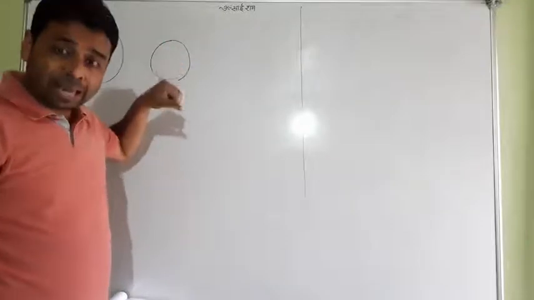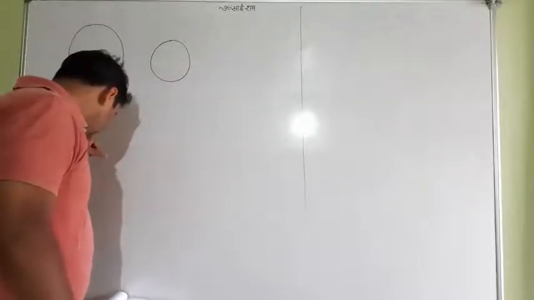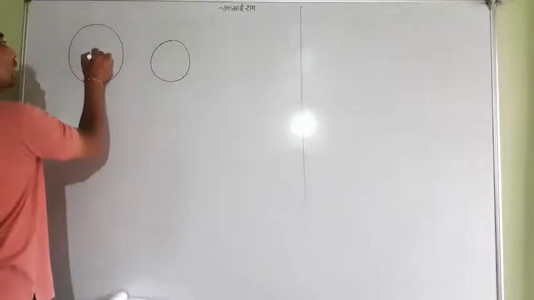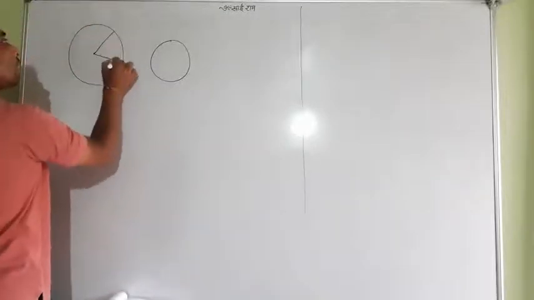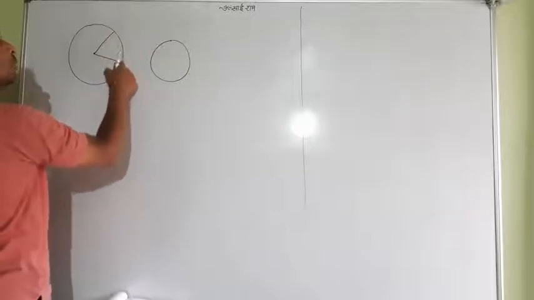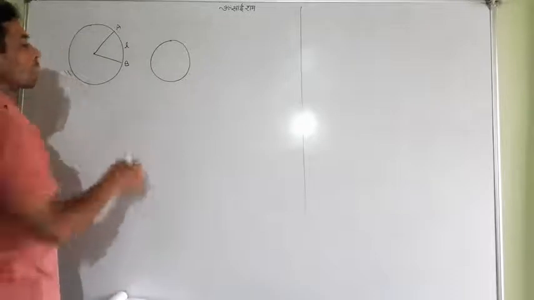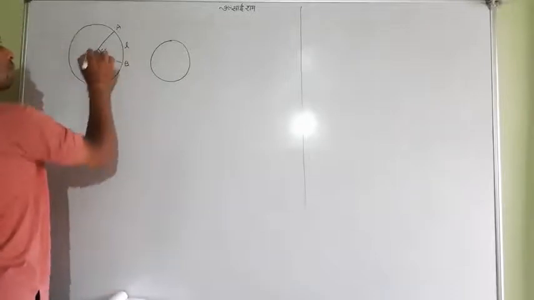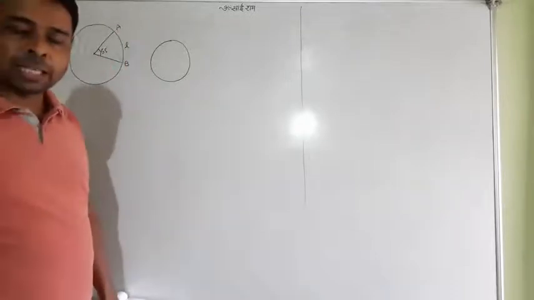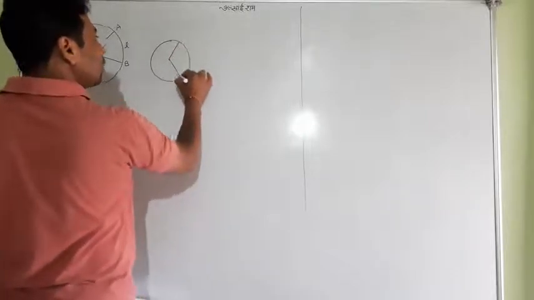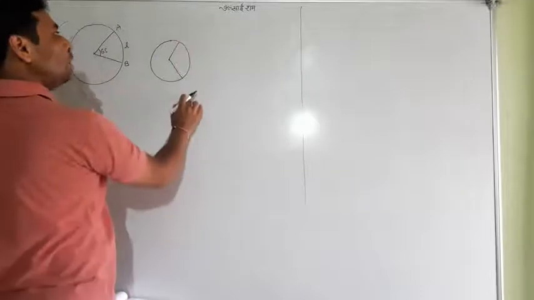They make angles of 65 degrees and 110 degrees at the center. Suppose the length of the arc is AB, which is L, and it makes angle 65 in this big circle. For the small circle, I'll write like that. It is a small circle.